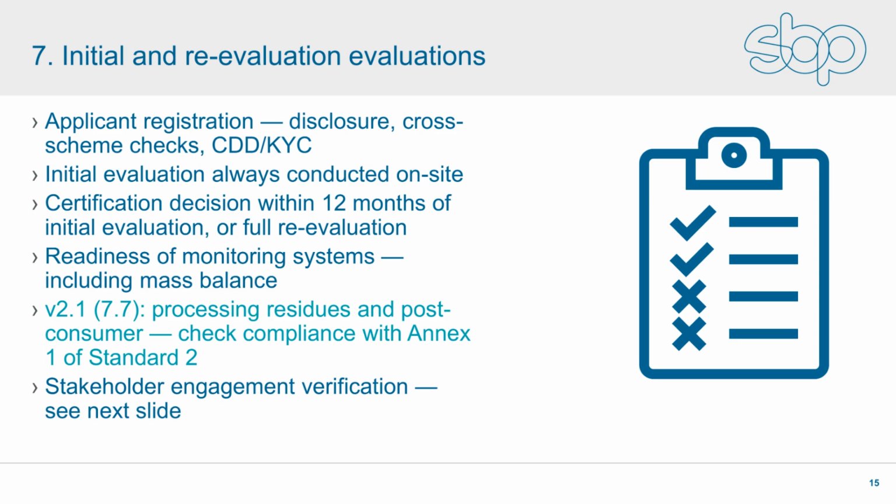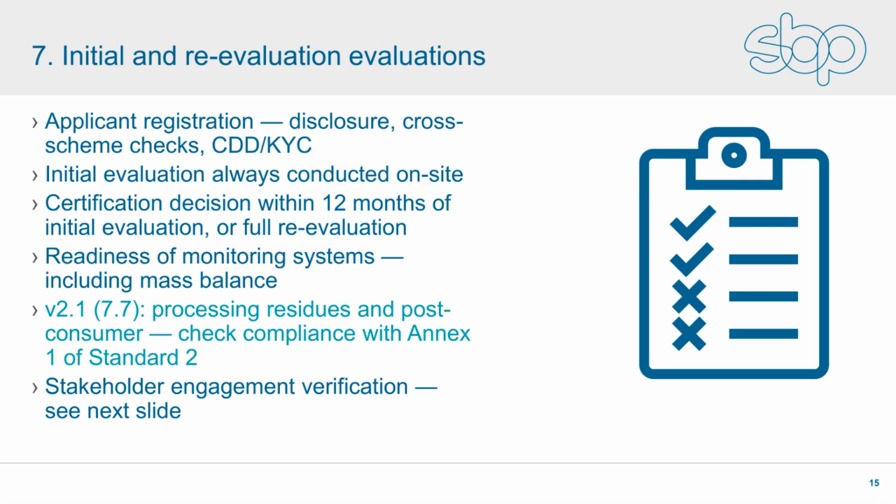Initial evaluations are always conducted on site, even for traders that do not take physical possession of biomass. The certification decision must be made within 12 months of the initial evaluation, otherwise a full on-site re-evaluation is required. The auditor must check the existence and setup of key monitoring systems during the initial evaluation, and in particular the mass balance system.